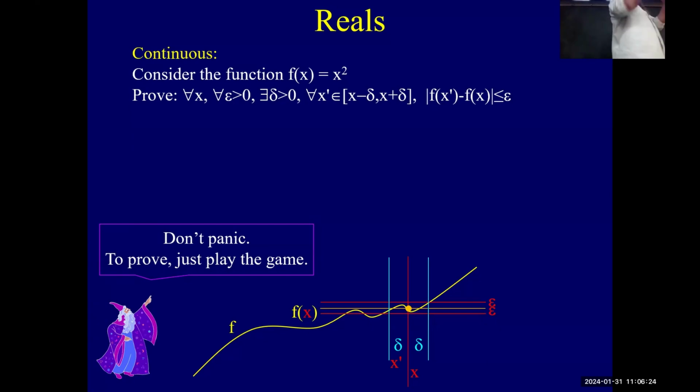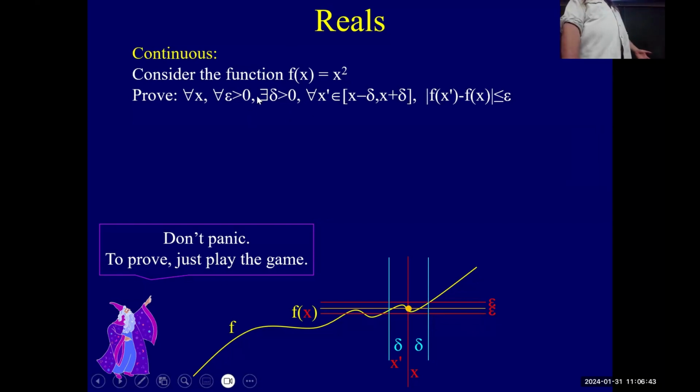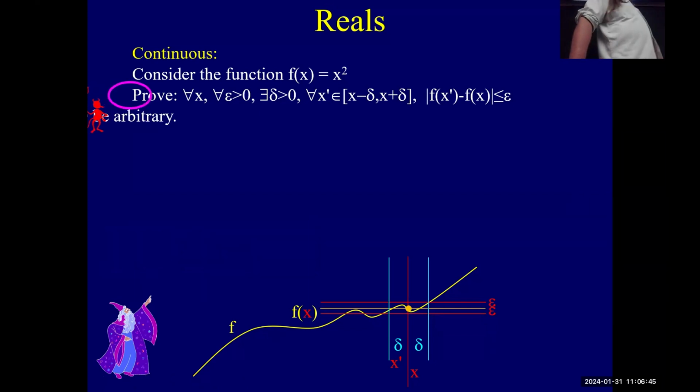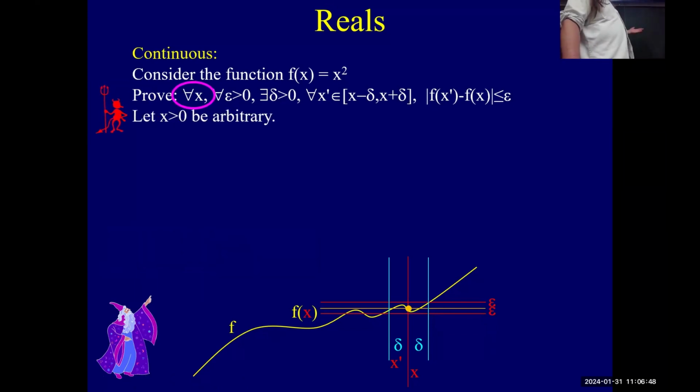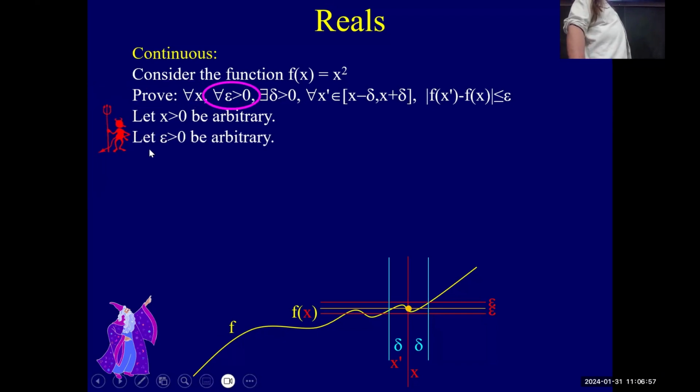They could make it English hairy-fairy, and you're not really sure what they're saying, but between you and your calculus teacher, you write down a concrete definition. And now, in order to prove it, you just have to play the game, all right? So you say, hey, what is x? Let x be arbitrary, but bigger than 0.